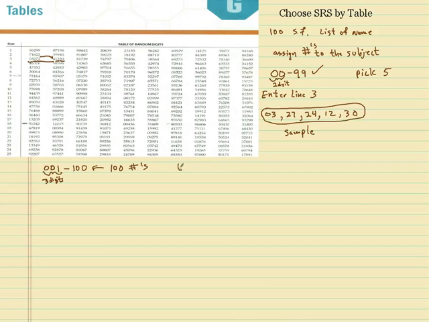Let's enter line 15. I'm entering this line right here, and I'm looking for 3-digit numbers. The first number comes up at 764. These are the only people that have numbers, so he becomes an omit. That's gone. The next one is 888.